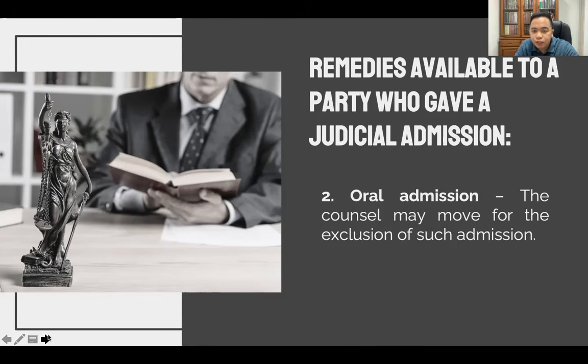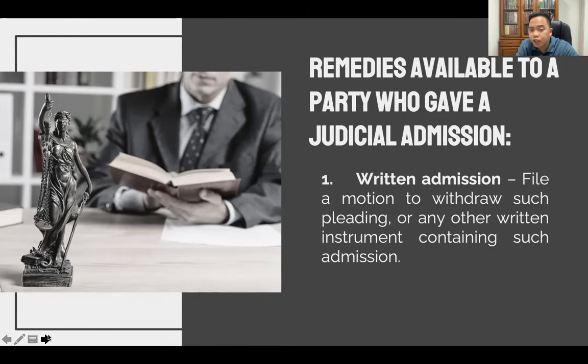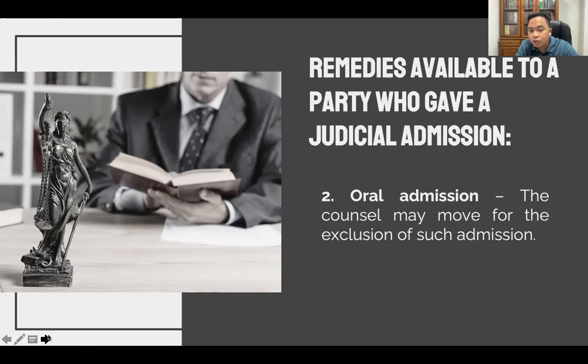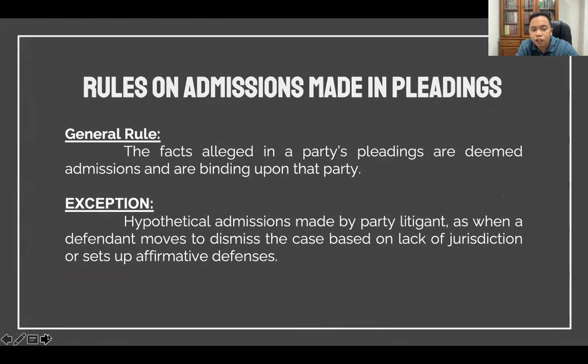Third, in case of oral admission, the counsel may move for exclusion of such admission. So the remedy will depend upon the form of admission. In case of written admission, you have to file a motion to withdraw the pleading. Or if it is oral admission, then you can move for exclusion of such admission. Now, let us go to the rules on admissions made in pleadings.